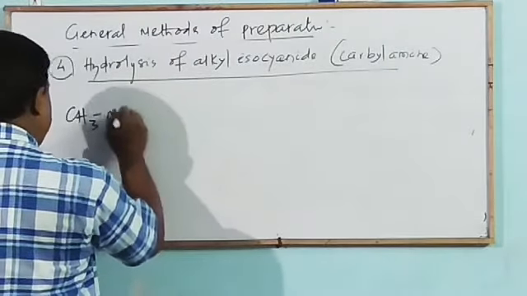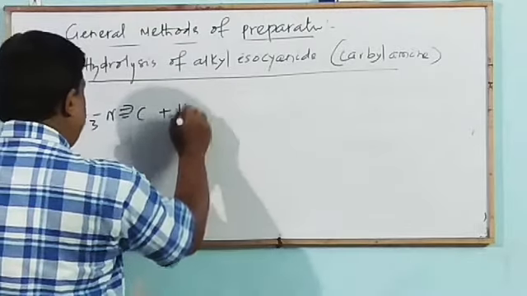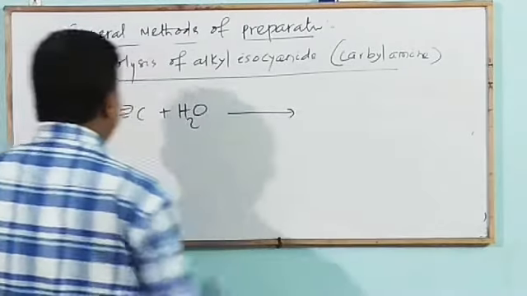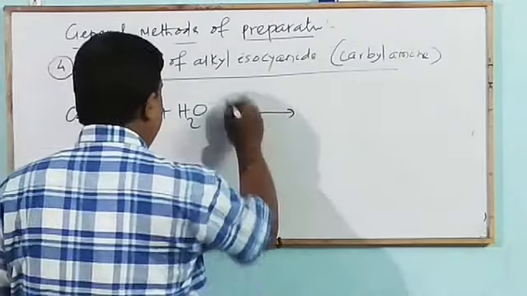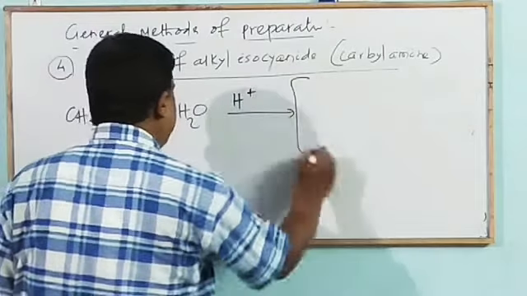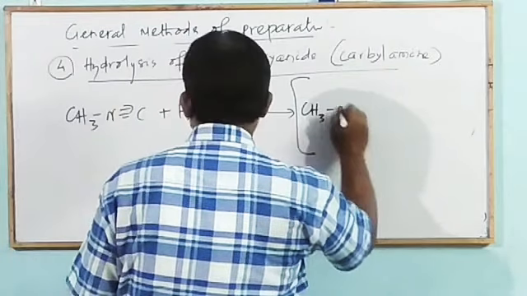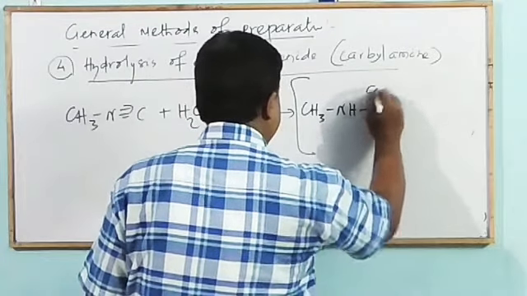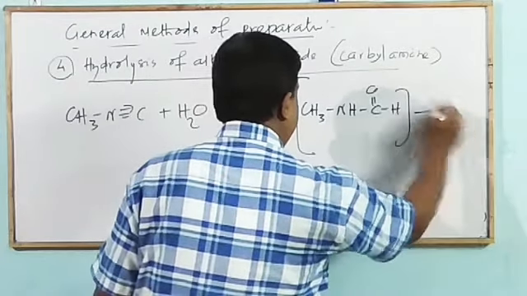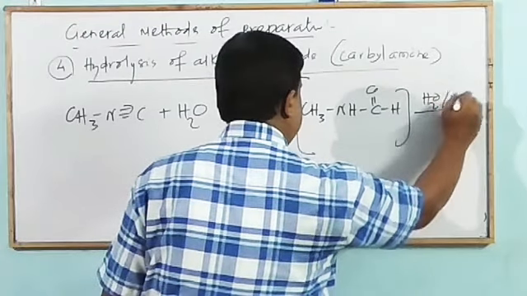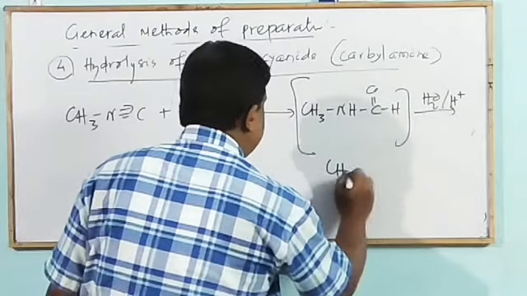Methyl isocyanide, when it undergoes hydrolysis in presence of acid, one additional product is formed, that is CH3NHCHO. Again it responds to hydrolysis in presence of acid. What happened?